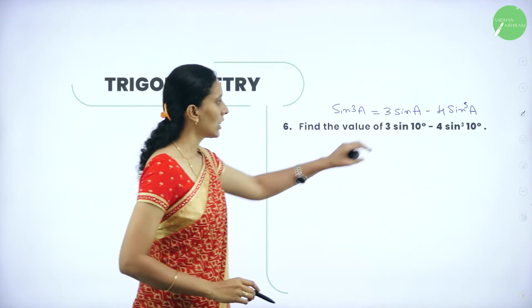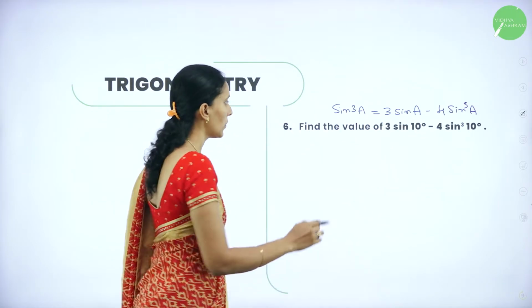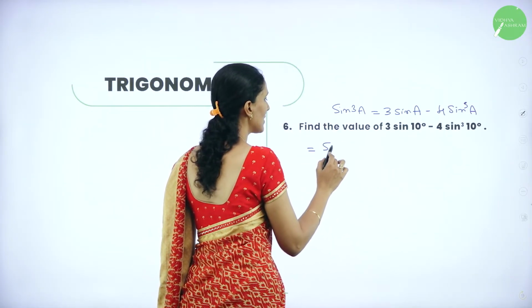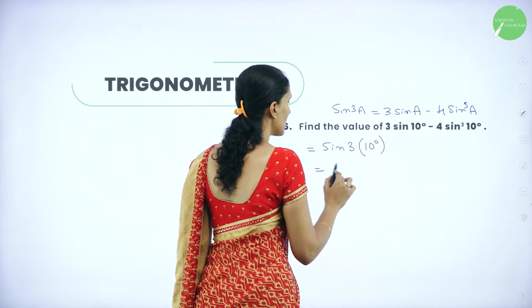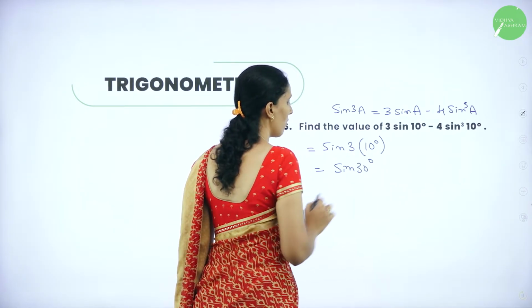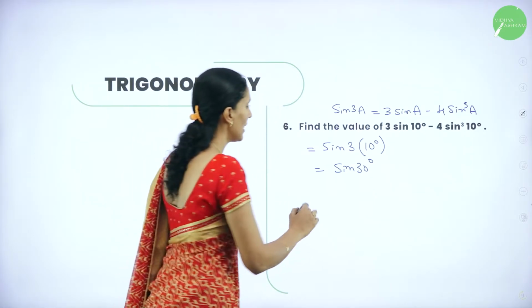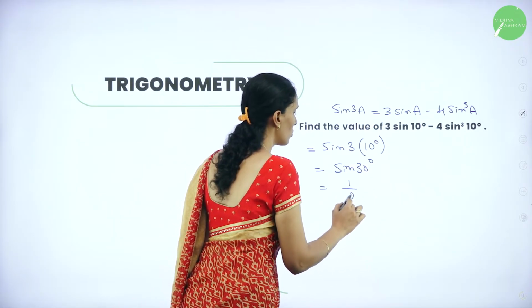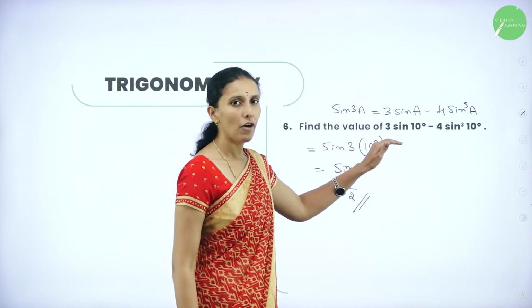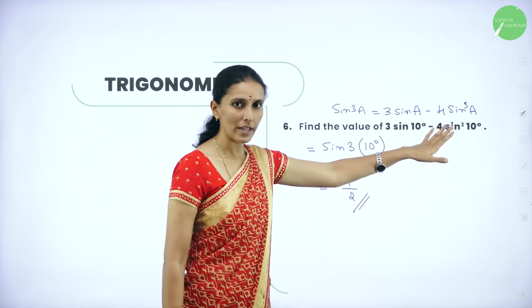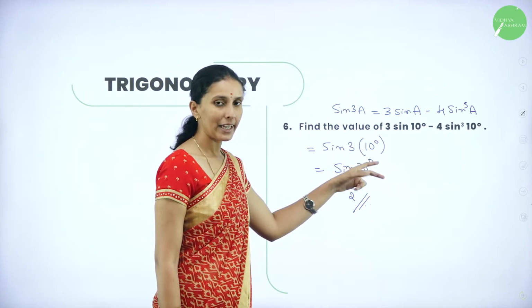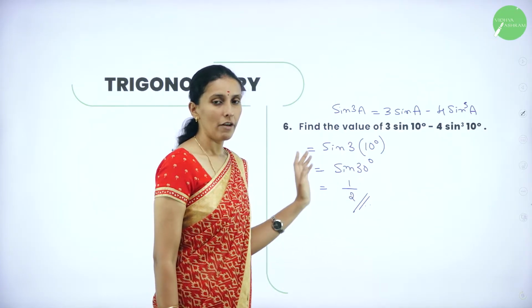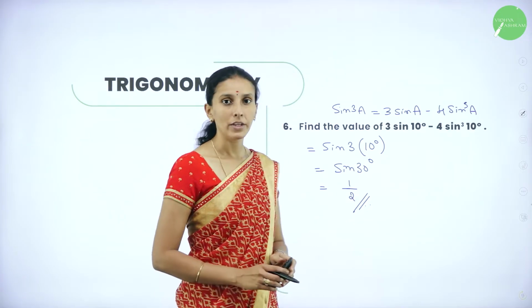So therefore, this can be resolved directly as sin 3 into 10 degree, or sin 30 degree. The value of sin 30 degree is 1 by 2. So you have this in the form of 3 sin A minus 4 sin cube A, which is nothing but sin 3A. A value is 10 degree, 3 into 10 is 30, value of sin 30 is 1 by 2.